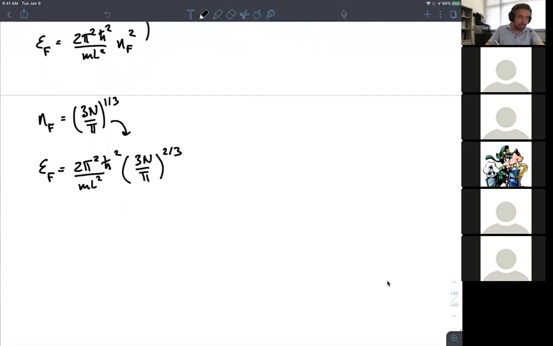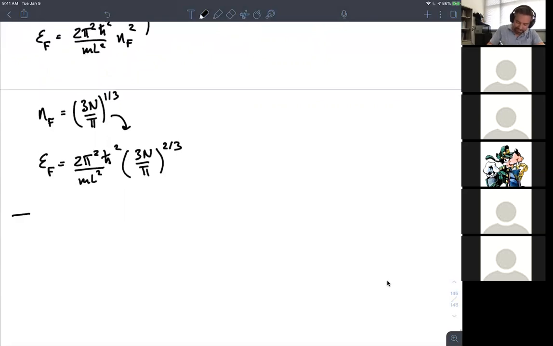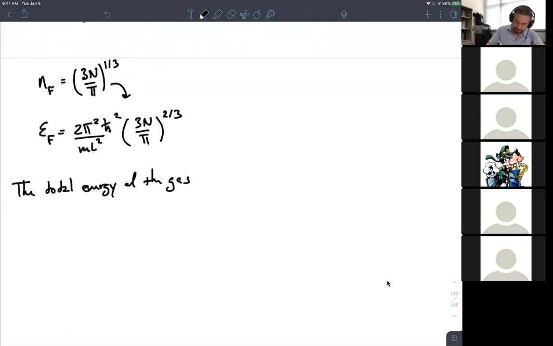Okay, so now the total energy of the gas. If we take our Fermi energy as a function of particles, and then we sum from 0 particles up to N particles, that'll tell us what the total energy of our gas is.